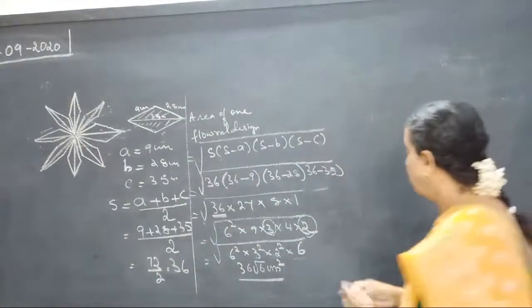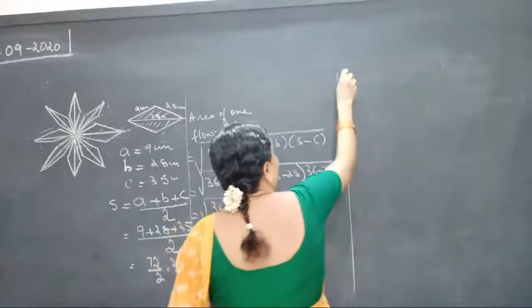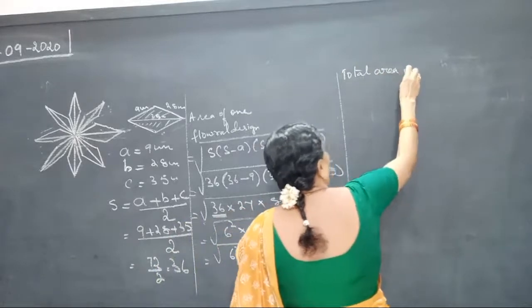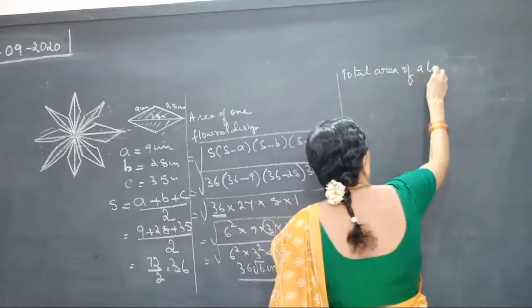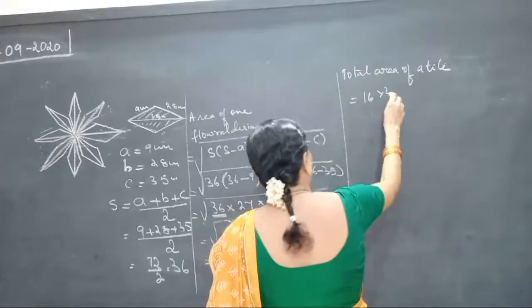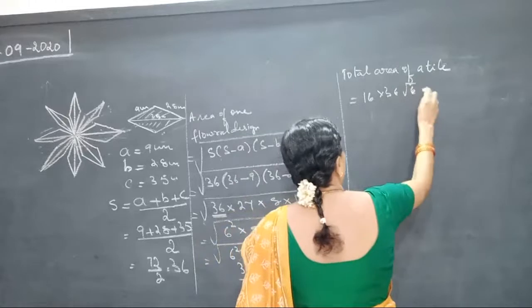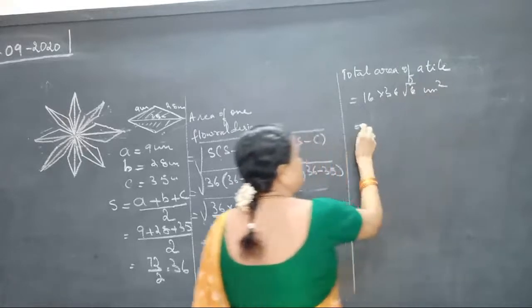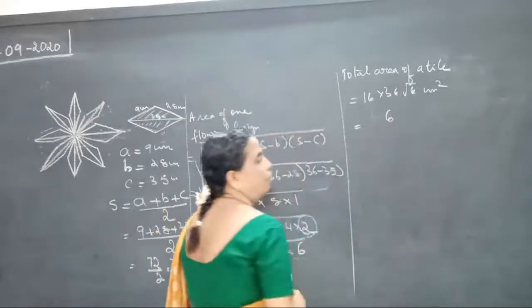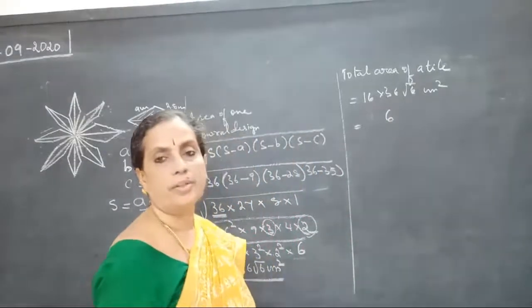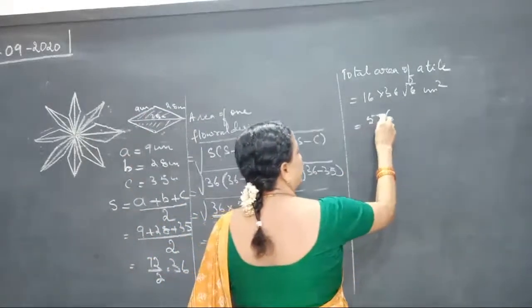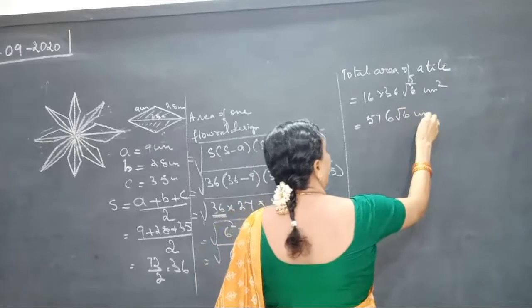So now the next step is total area of the tiles equals 16 into 36 root 6 centimeters square. 16 6s are 96, 16 3s are 48 plus 9. You will get 576 root 6 centimeters square.